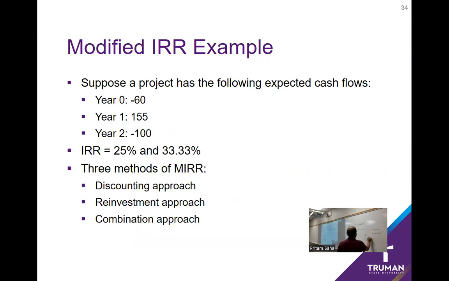The future value is basically 155 times 1.2, 1 year. Right? Cash flow times the compounding rate. In the calculator, N is 1, return is 20, present value 155, payment 0, future value calculate.